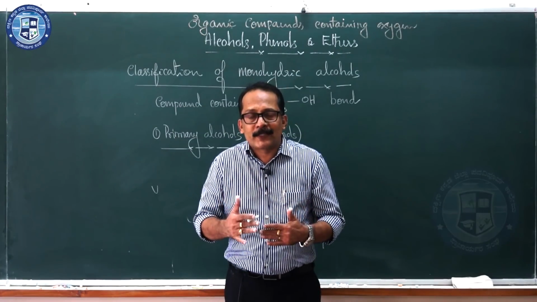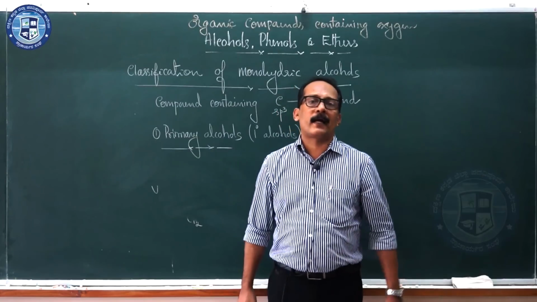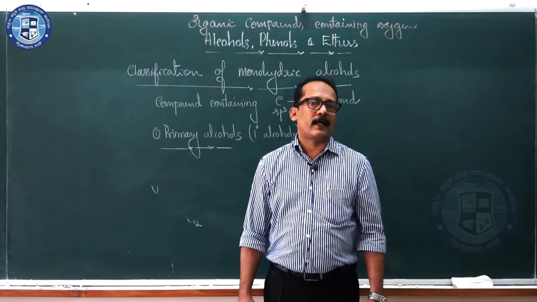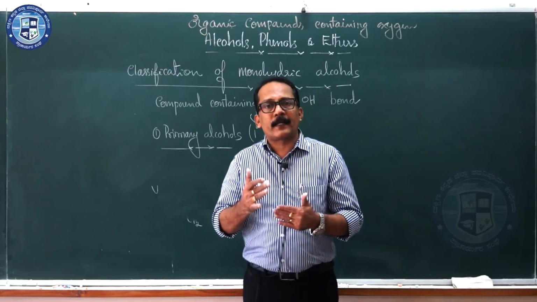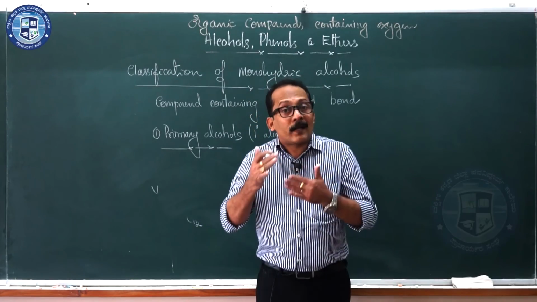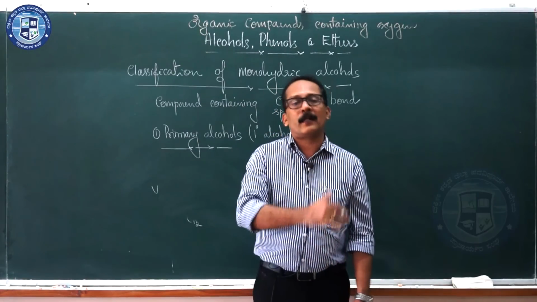A secondary carbon atom is one attached to two other carbon atoms. A tertiary carbon atom is attached to three other carbon atoms. A quaternary carbon atom is attached to four other carbon atoms.